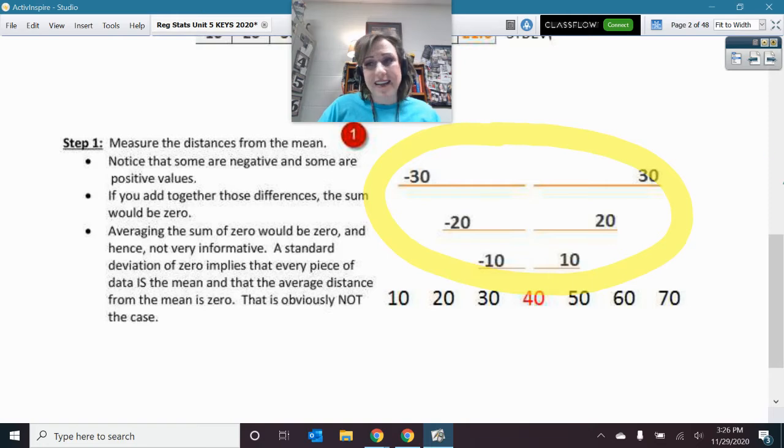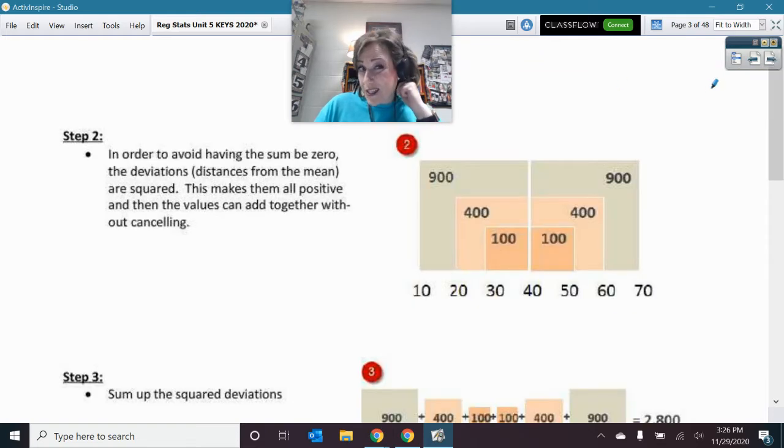So instead of taking the absolute value, which is something else, and I could go in depth as to why we don't just take the absolute value, but I'm going to leave that for right now. Instead, we square them. To avoid having that sum be 0, we're going to square those differences.